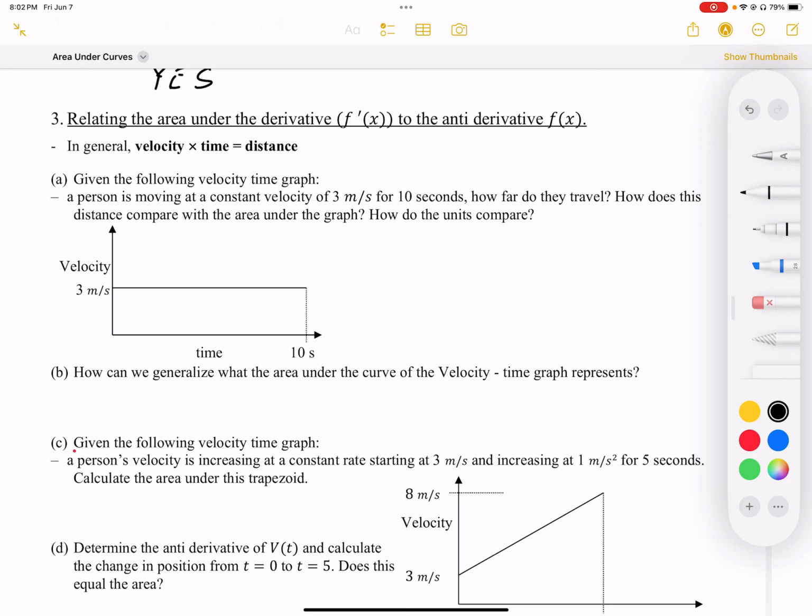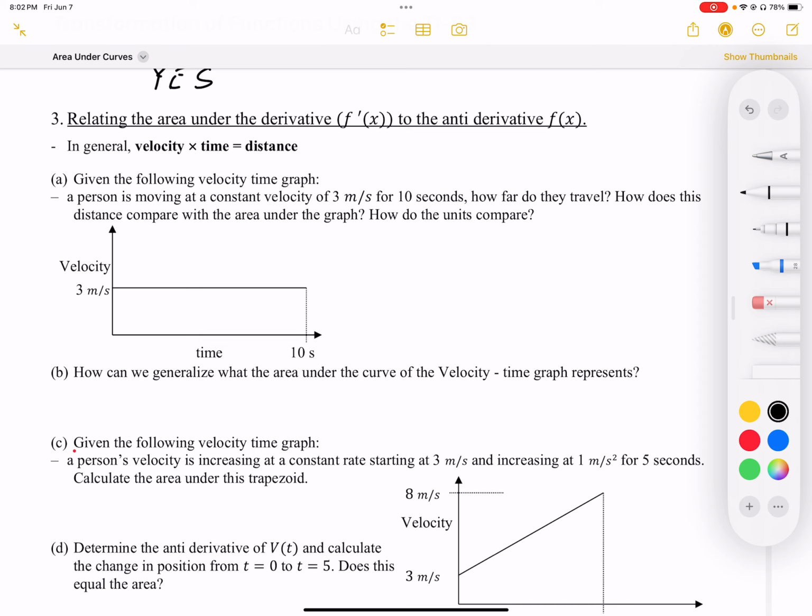A really good way to relate the derivative and antiderivative is looking at the velocity distance relationship. We should probably qualify and say it's more displacement, but the derivative of displacement is velocity.